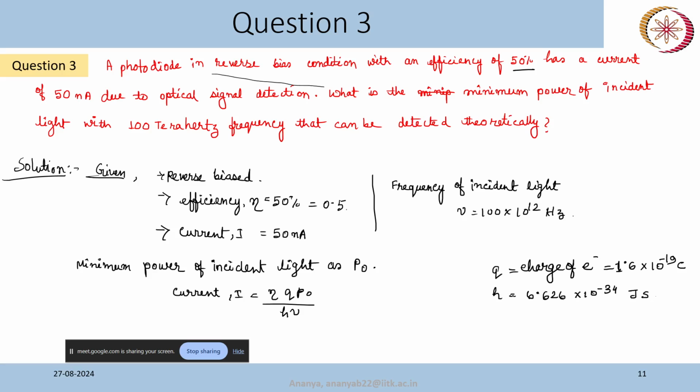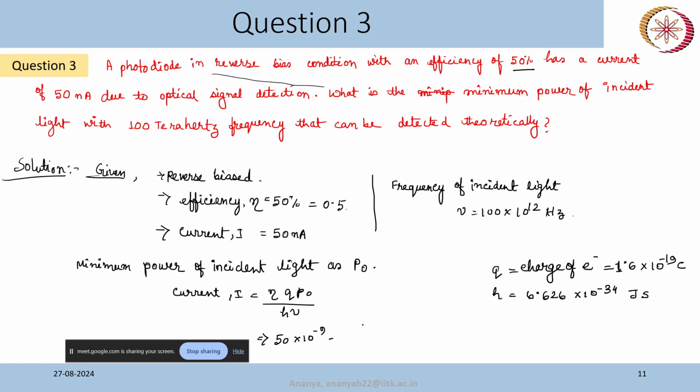Another Planck's constant value that you will get in electron volt second also, but for this calculation we are going to use Planck's constant in joule second unit. Okay. So I is given, which is 50 nanoampere.